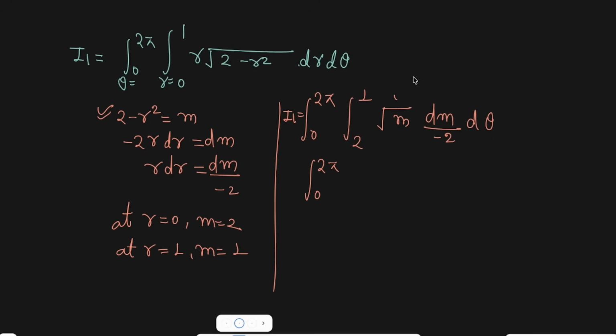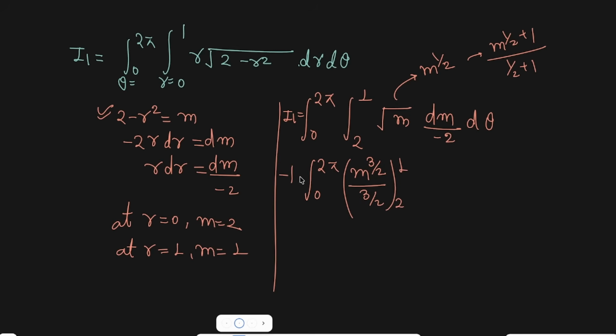Now integration of m power 1 by 2 will be m power 1 by 2 plus 1 upon 1 by 2 plus 1. So it is nothing but m power 3 by 2 upon 3 by 2, limit is from 2 to 1, and I can take minus 1 by 2 outside, this is your theta.